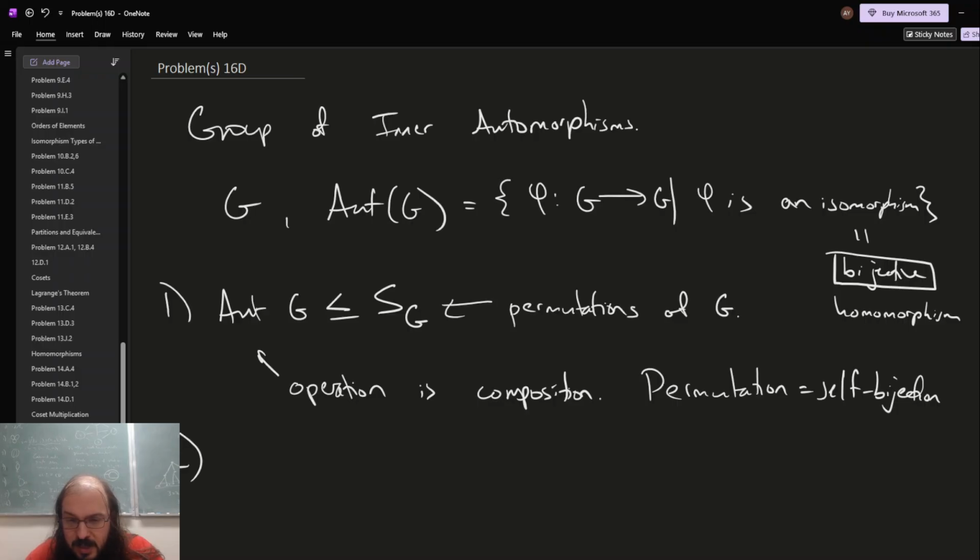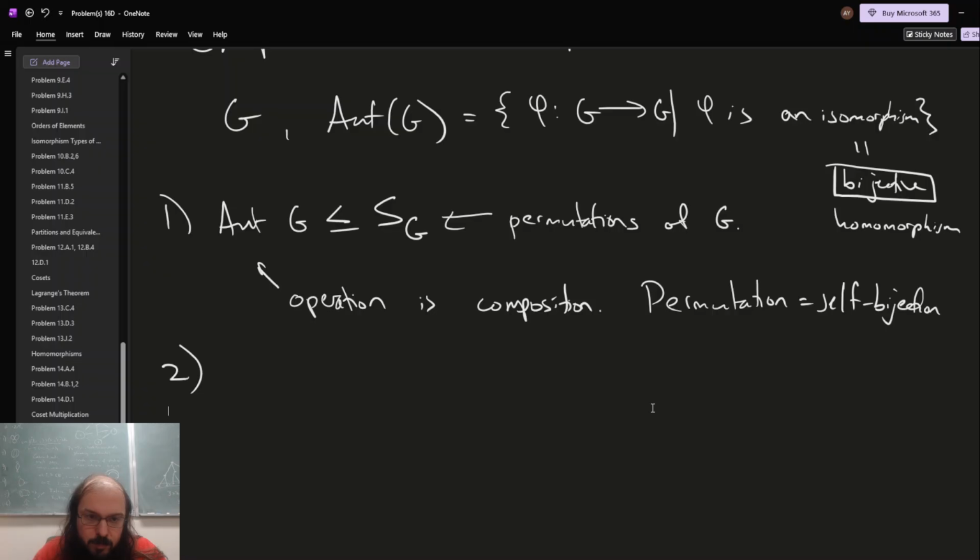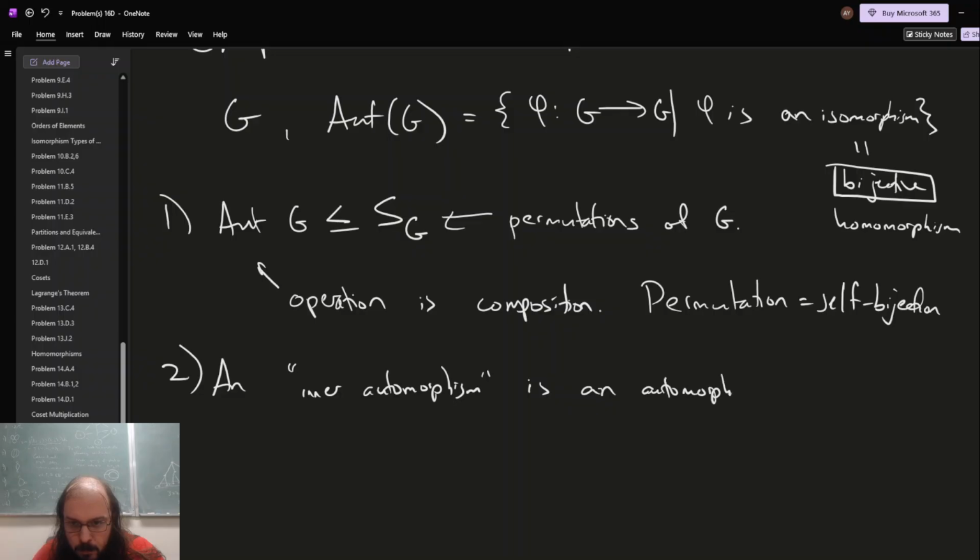The next step is he defines an inner automorphism to be an automorphism of the form, let me just use his notation, phi_A of x equals A x A inverse.